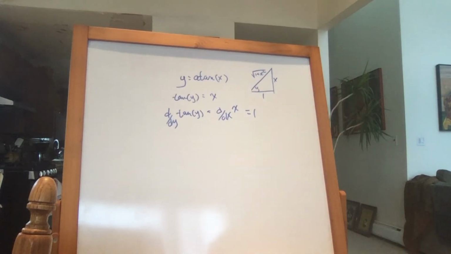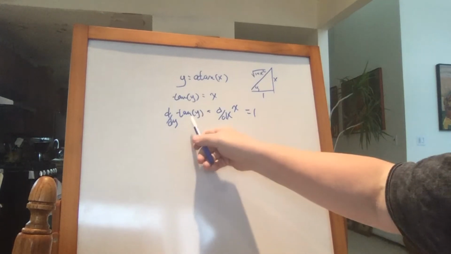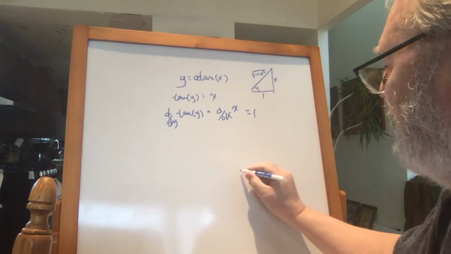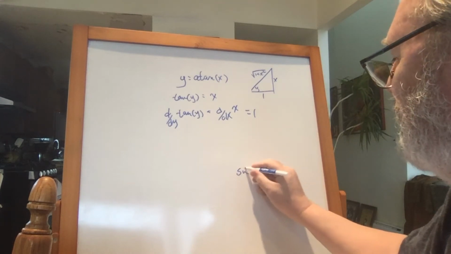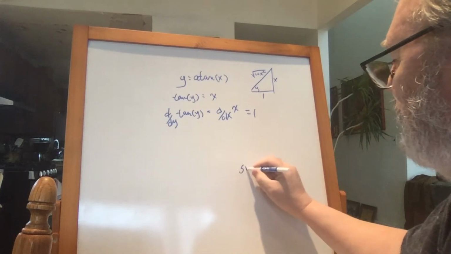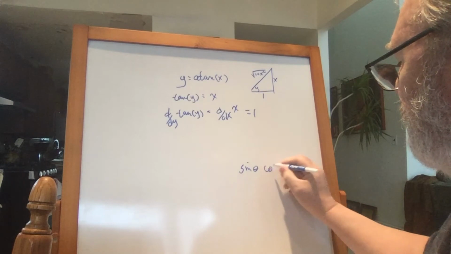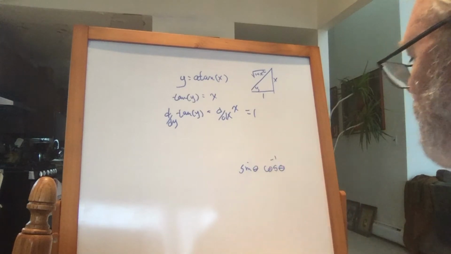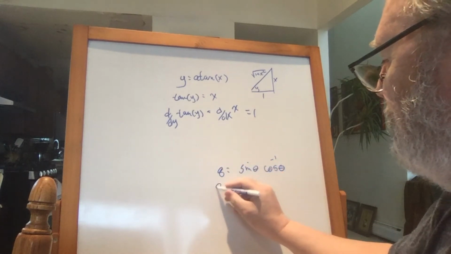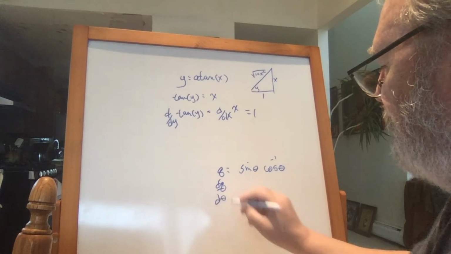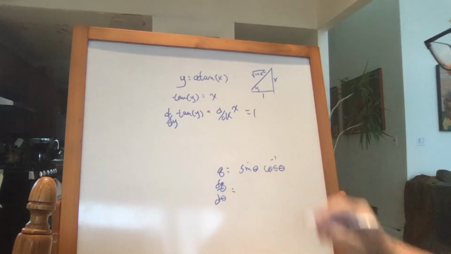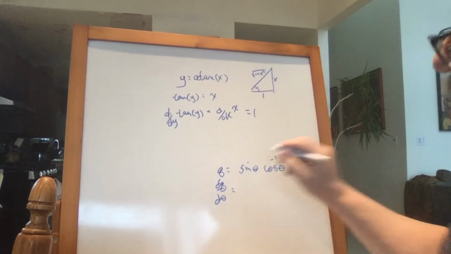Okay, so now we have to take the derivative of the tangent of y. Well, let's see. We've got sine theta over the cosine of theta. That's d/dθ equals the derivative of the first times the second plus the derivative of the second times the first.